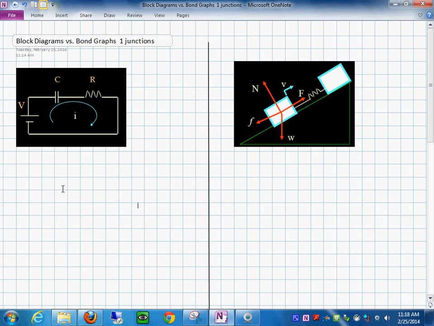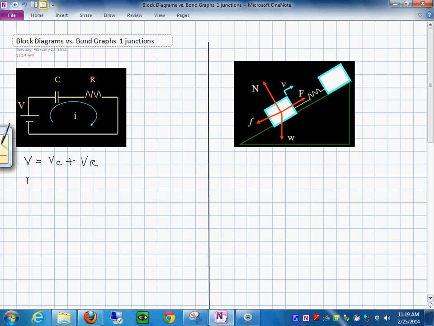We're going to have, in this case, on the electrical system, as you can see in here, basically the equation. It says that the voltage is equal to voltage of C plus voltage of R, right?